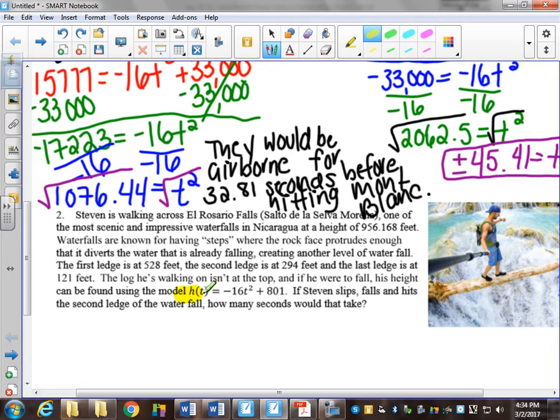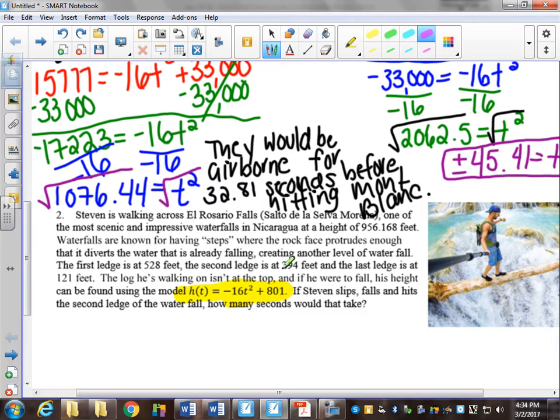So our first key piece of information is they give us a model. We don't have to refer back to or make our own model. They give us our H0. Now we have to figure out our H of t. The question is asking, if Stephen slips, falls, and hits the second ledge of the waterfall, how many seconds would that take? So we have to find the height of the second ledge of the waterfall.